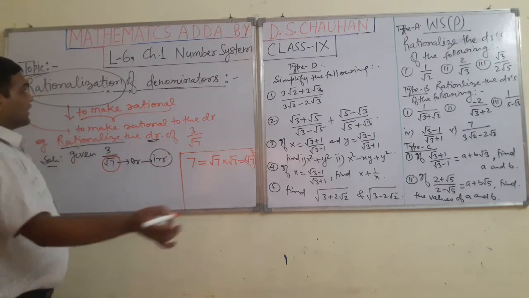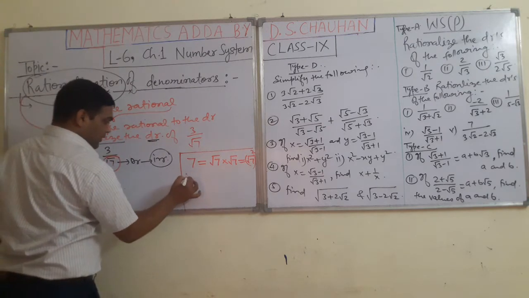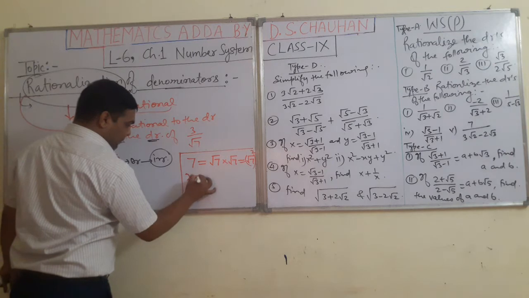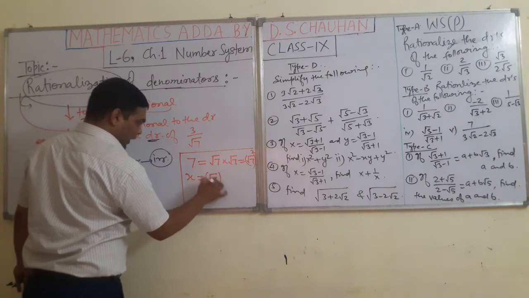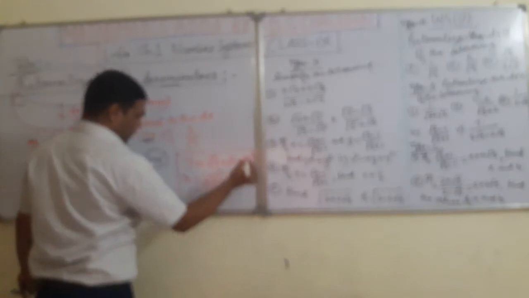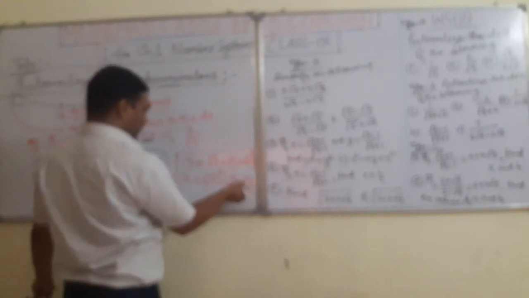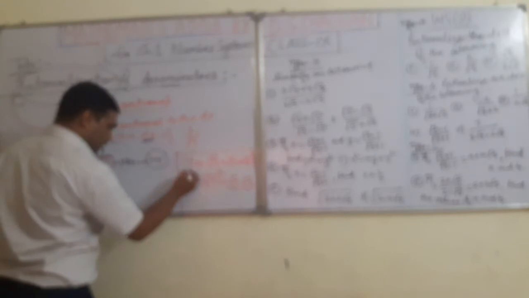In my previous lecture, I have introduced these things, that x can be written as under root x to the whole square, which can further be noted down as under root x into under root x. Now here the thing is of under root x type, and if we multiply under root x by itself, we can get a number which will be a rational number.